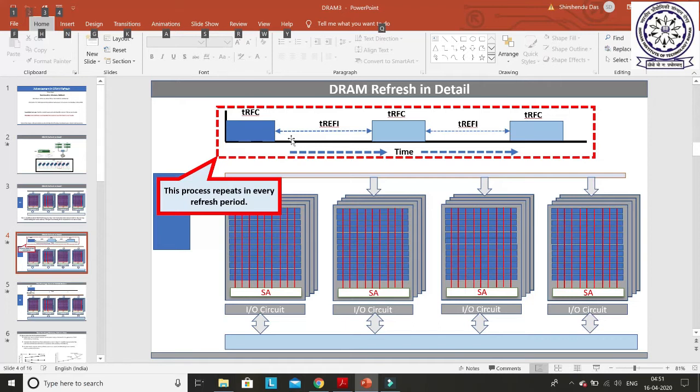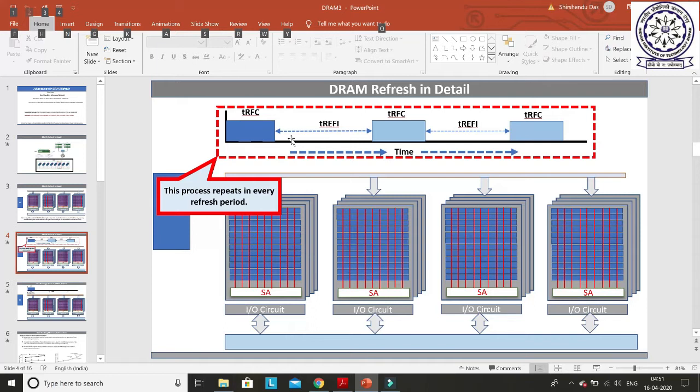Because as the temperature of the chip increases, the charge stored in the DRAM capacitor is destroyed more rapidly. That's why if the temperature is higher, then the refresh period must be less. That means the row must be refreshed at a quicker interval.